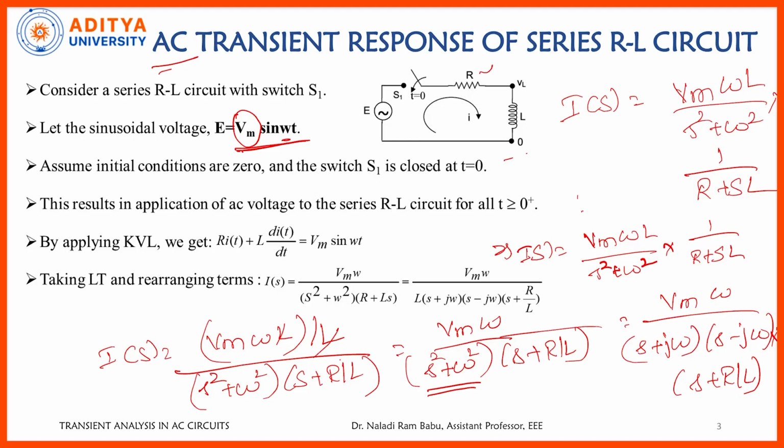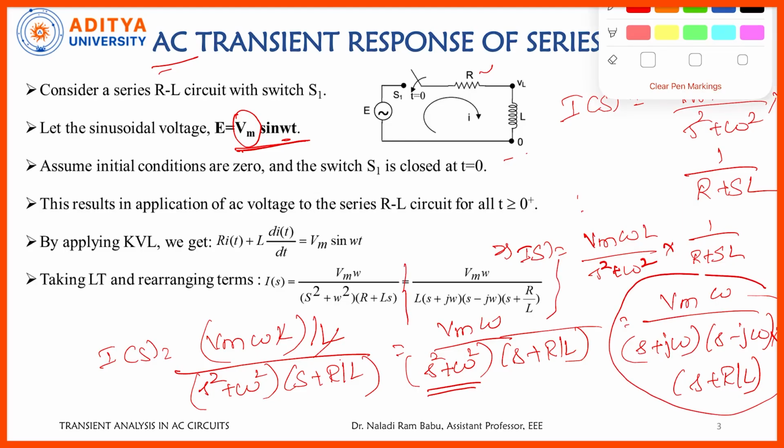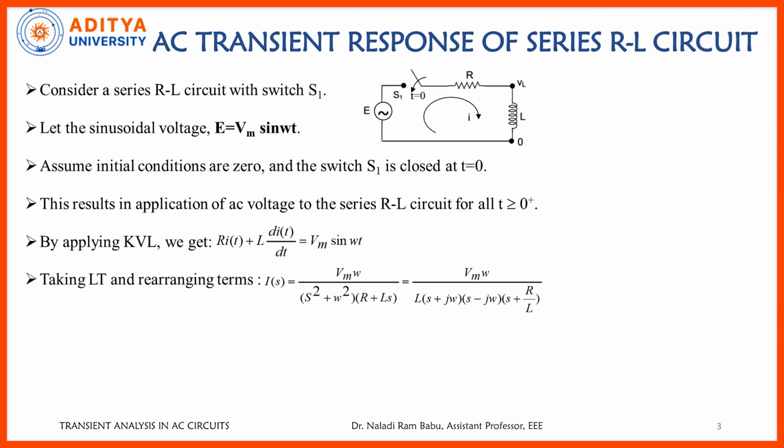Now it will be in the form of K by s plus A into s plus B into s plus C. I am rewriting the entire equation in terms of K by s plus A, s plus B, s plus C. If you observe, these two are both the same. Now I am splitting this part.